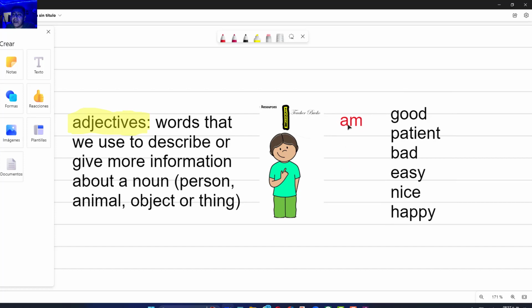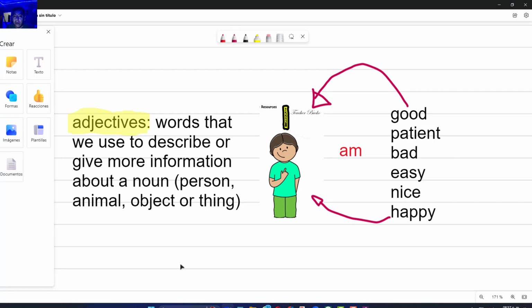So this is how we use the adjectives. I am, you are, he is, and then we use this word to describe this person. Don't forget that this word is describing how I am, right? Let's suppose that I have he or she. She is patient. The word patient is describing the person. The word happy is describing the subject, okay?